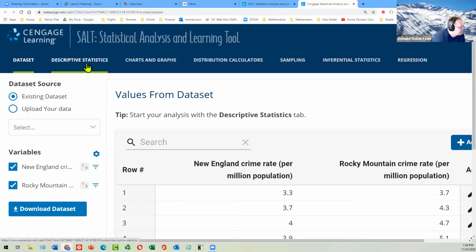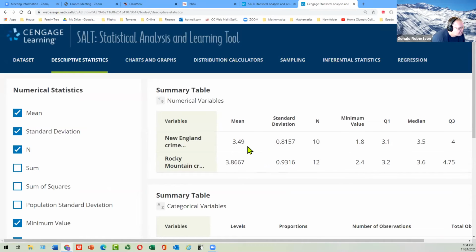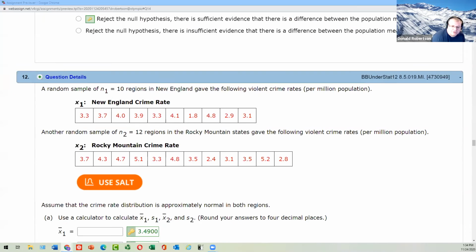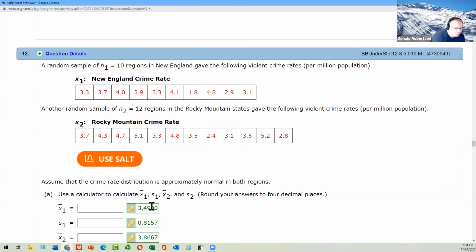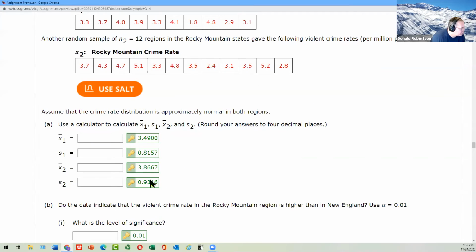If you hit descriptive statistics, there's the mean, there's the standard deviation, there's the other mean, there's the other standard deviation. So when you look at where the mean comes from, there's 3.49. Where did the standard deviation come from? It came from here. That's where all those four numbers came from.